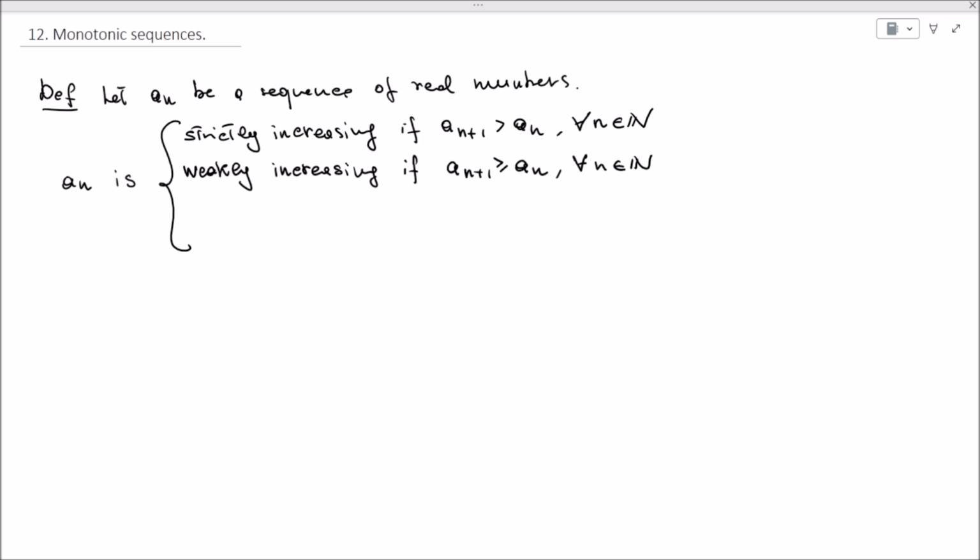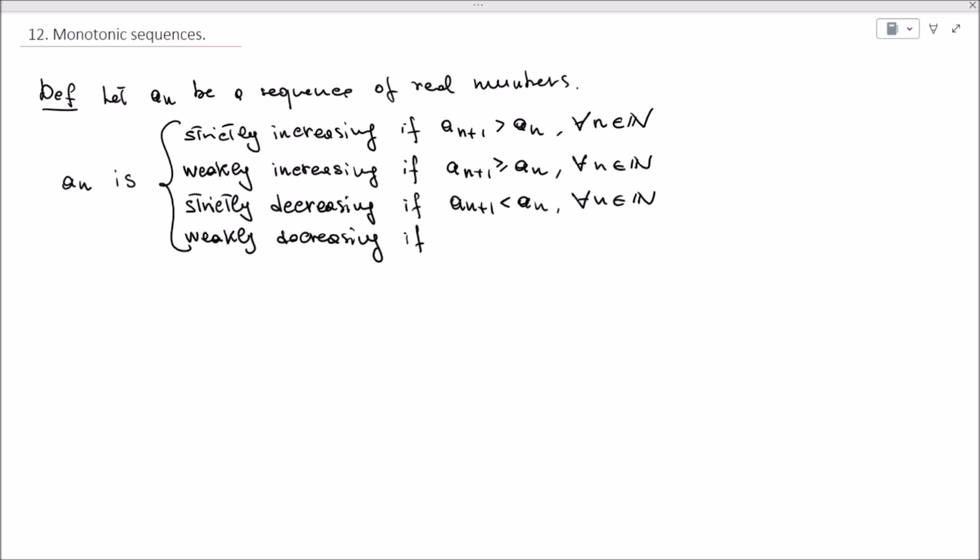The same way we define an as strictly decreasing if an plus 1 is strictly less than an for every natural number n, and it is weakly decreasing if an plus 1 is less than or equal to an for every natural number n.